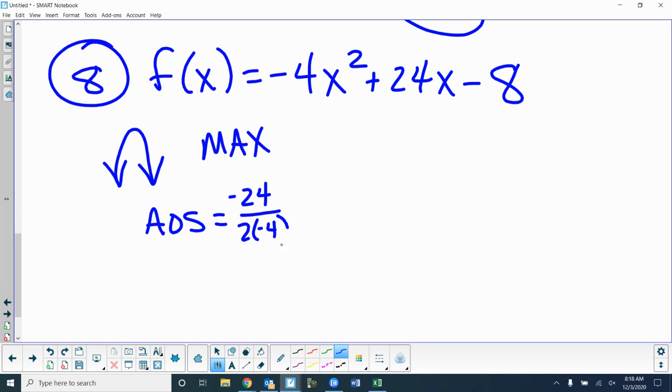Negative 40. All right? What do you use for 2a, right? Yeah. Positive 2, a is negative 4. All right, so we got negative 24 over negative 8, so we get 3.